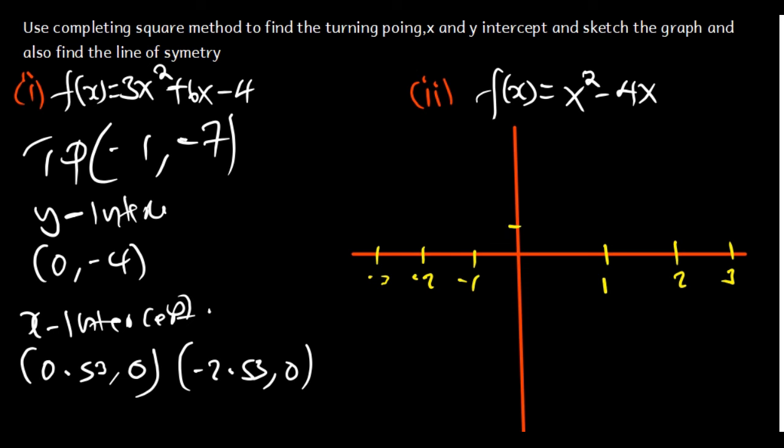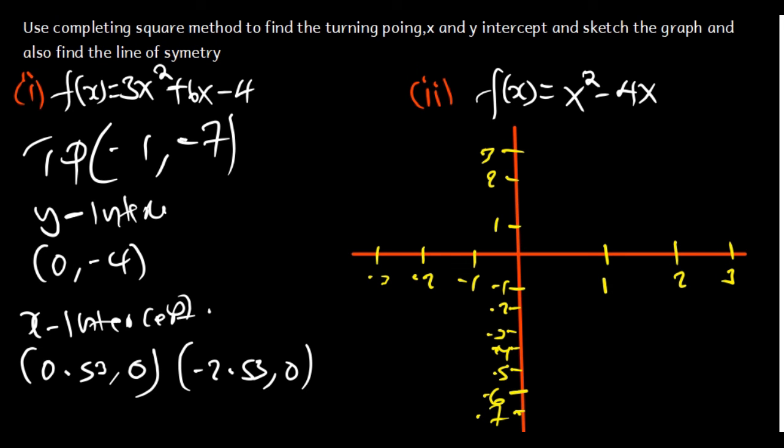So we have 1, 2, 3 here. Here we're going to have negative 1, negative 2, negative 3, negative 4. Because the turning point is at negative 7, I need to go all the way to negative 5, negative 6, negative 7 here.